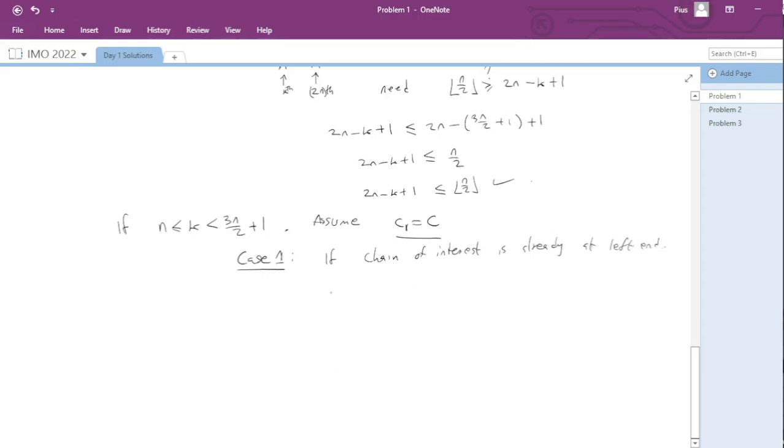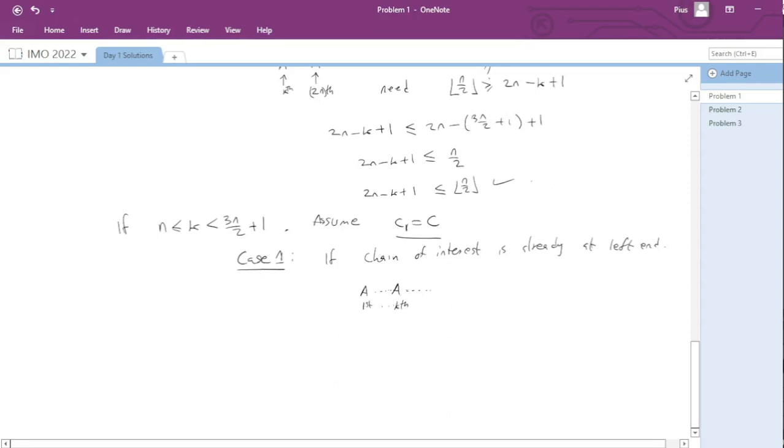Okay, so once we have this, it means that we have, for instance, let's say it's an A chain, it could be a B chain. We already have something like this where we have one as the first position up to K's position. We could have more A's, so we have at least this as a beginning.